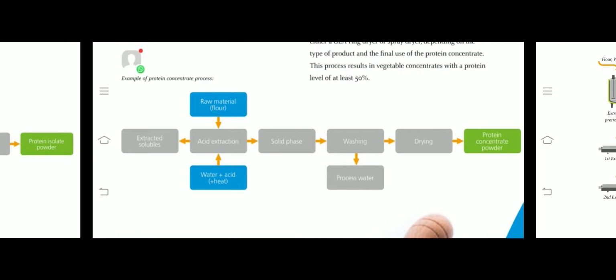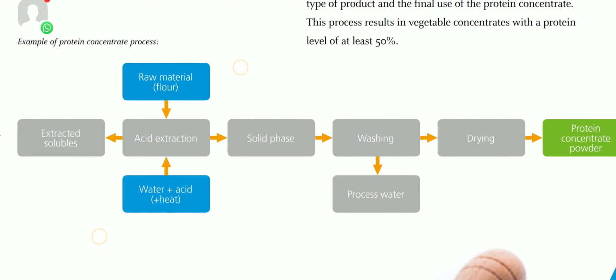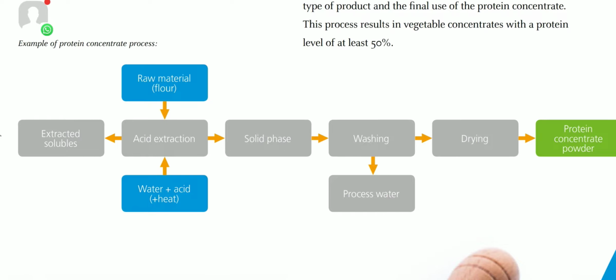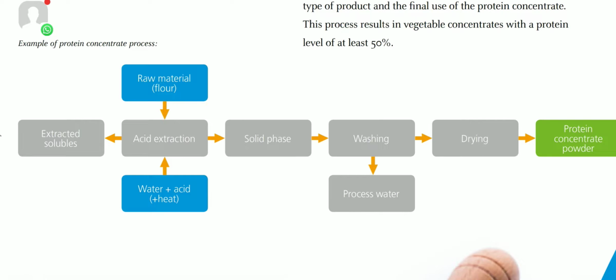Now we can see the specific procedure for making the protein concentrate powder. Raw material can be flour or extracted soluble.